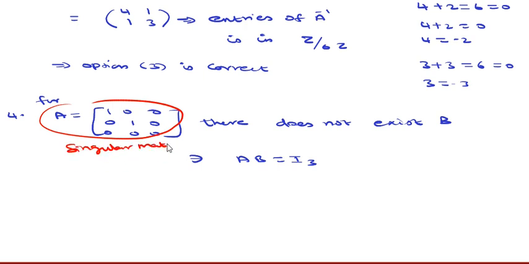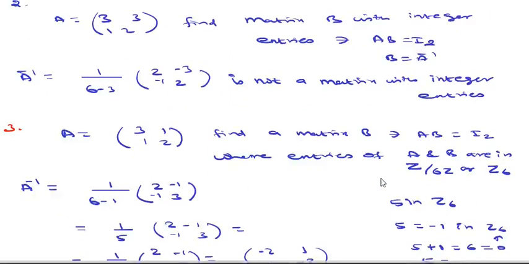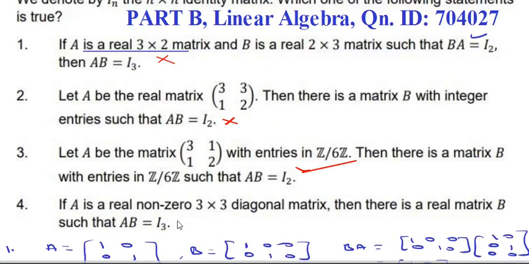Therefore there doesn't exist A inverse. That means there exists no B such that AB equals I3. So option 4 is wrong. The only correct option is option 3.